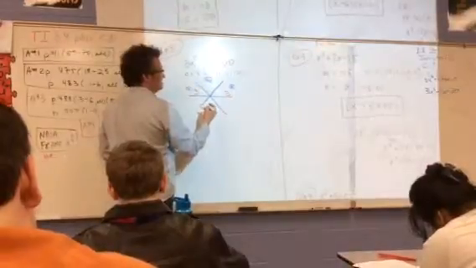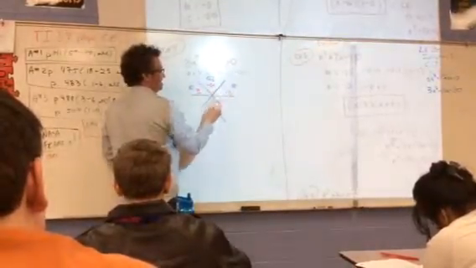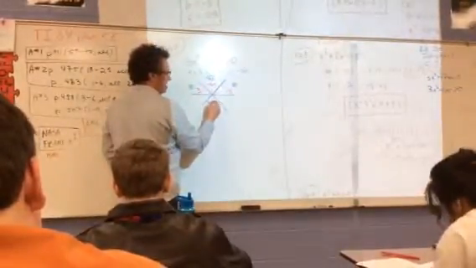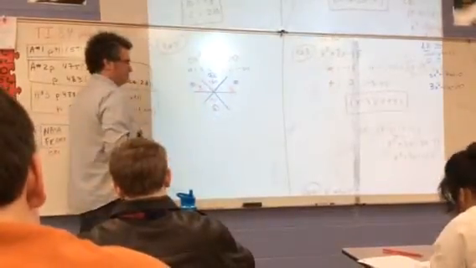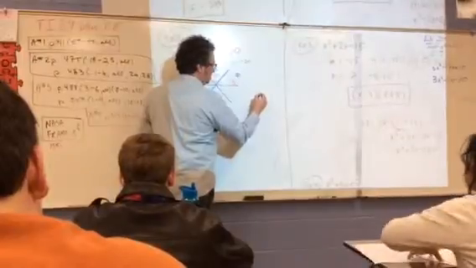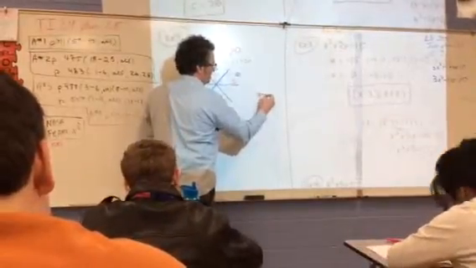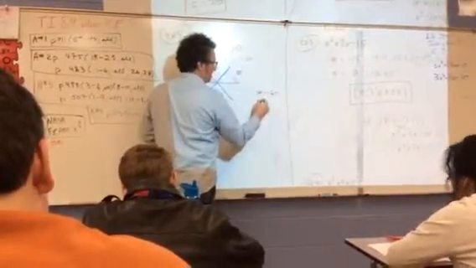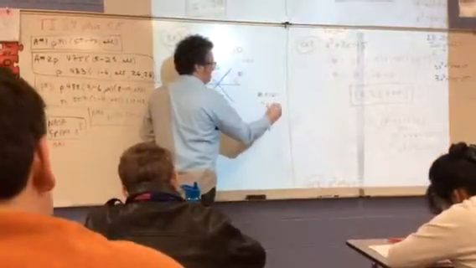AC is -60, and B is -11. So, they're going to multiply to get -60, and they're going to add to get -11.